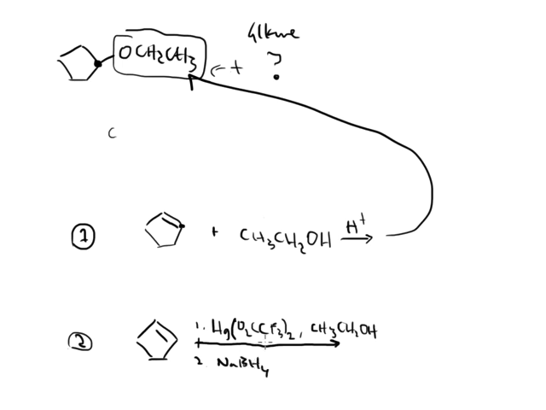That would do it as well. There's no difference in the products. I would end up with the same thing. That would still break my double bond. The hydrogen would still go on to one, and the OCH2CH3 would still go on to the other. Folks, it gives me the same product, either route 1 or route 2, and both of these answers would be correct. Whichever one you wanted to give me.